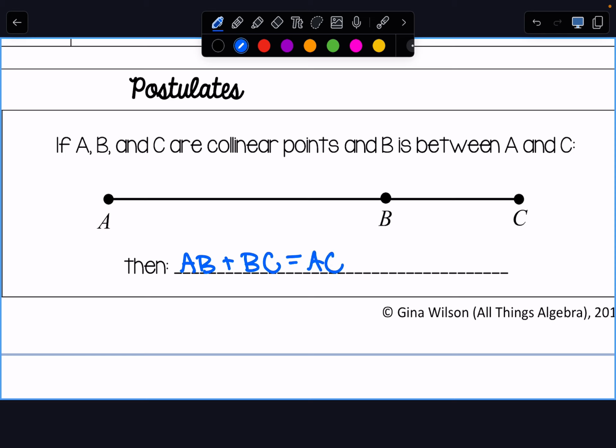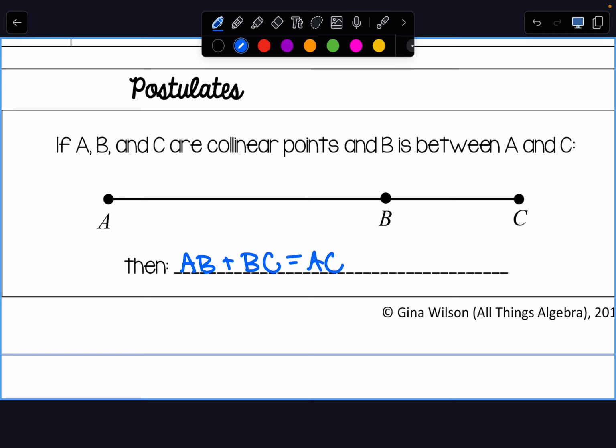How do you feel about what Alex gave us? Confident? Okay. Here we have AB plus BC equals AC. Yeah? I agree. Okay. It is an equal sign. Notice there's no hats, there's no congruent sign.